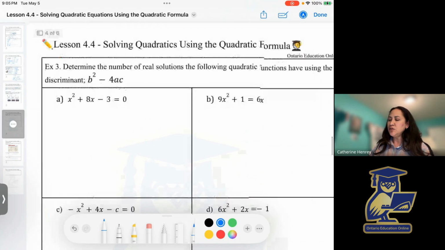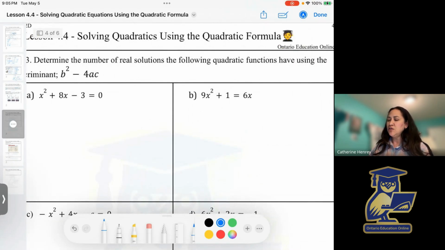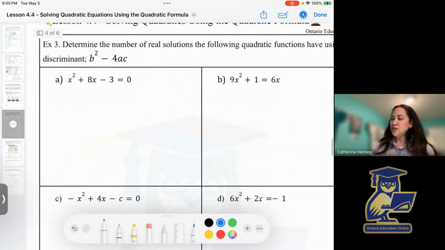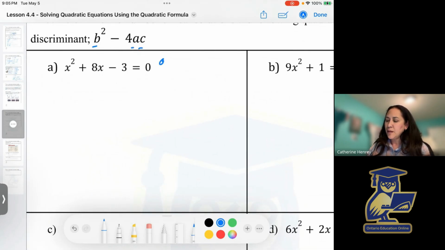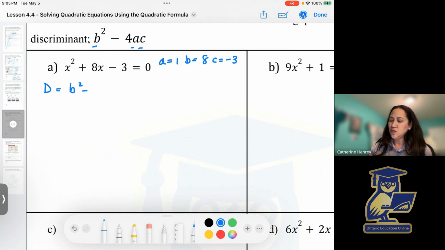Determine the number of real solutions of the following quadratic functions using the discriminant. So we still have to have our quadratic equation in standard form, and we still need to list what the b is, what the a is, and what the c is. So for this first example, a is equal to 1, b is equal to 8, and c is equal to -3. So if I put in the discriminant, which is b squared minus 4ac, the discriminant is going to be equal to 8 squared minus 4. The a is 1 and the c is -3.